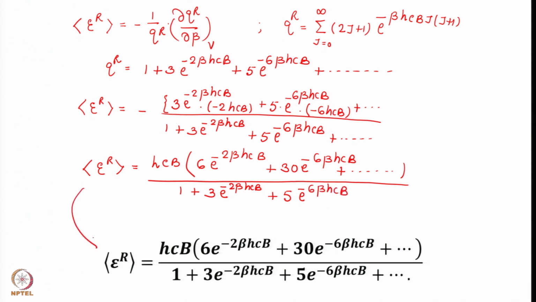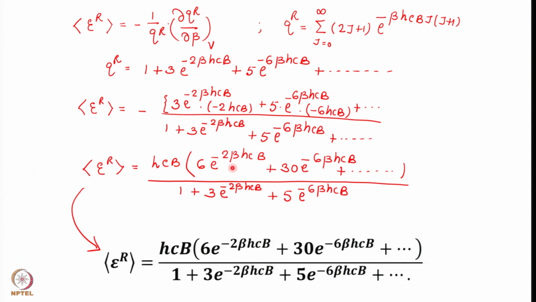This is the same expression. In this expression, beta represents temperature. h is constant, c is constant, B is constant. The only variable here is beta. Beta is 1 by temperature.